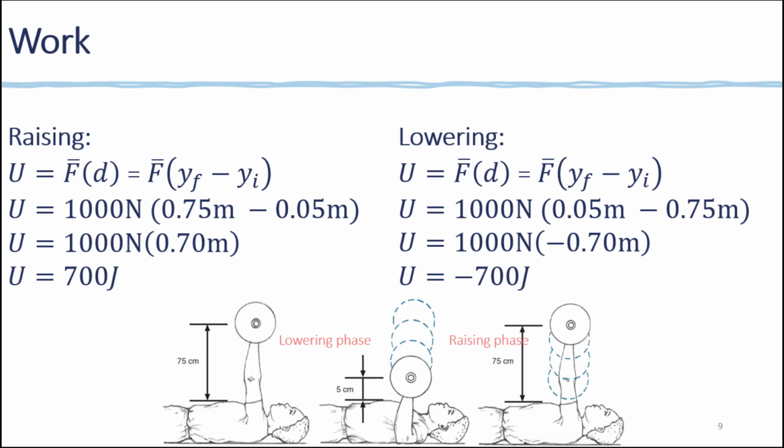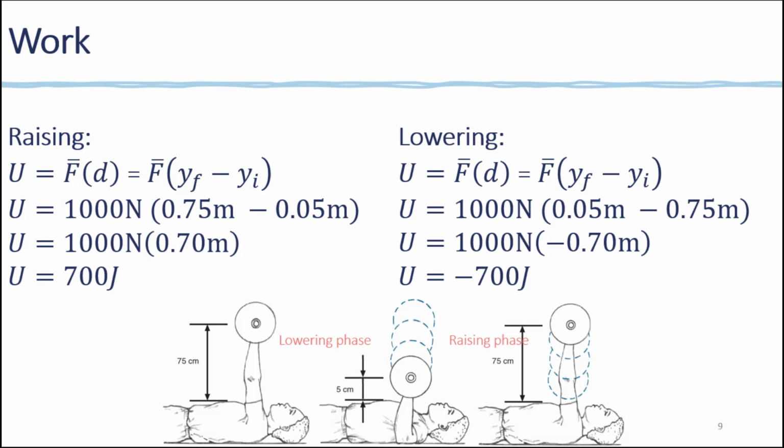So as we can see here, mechanical work is negative if the force that's acting on an object, so this 1,000 newtons, is in the opposite direction of the motion or the displacement of the object.